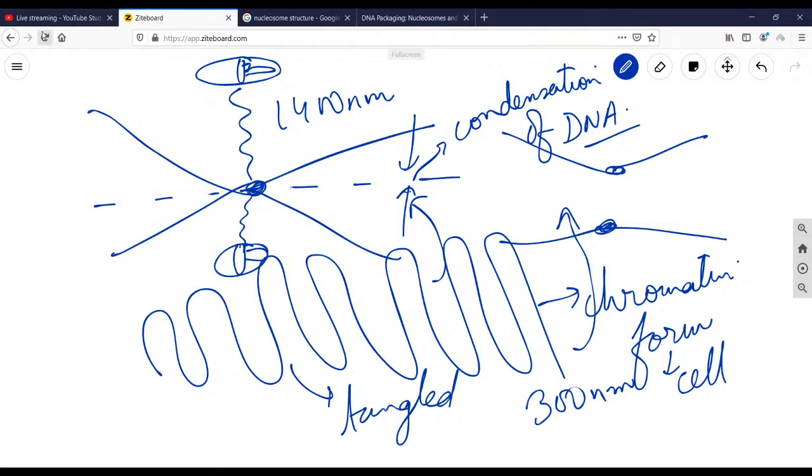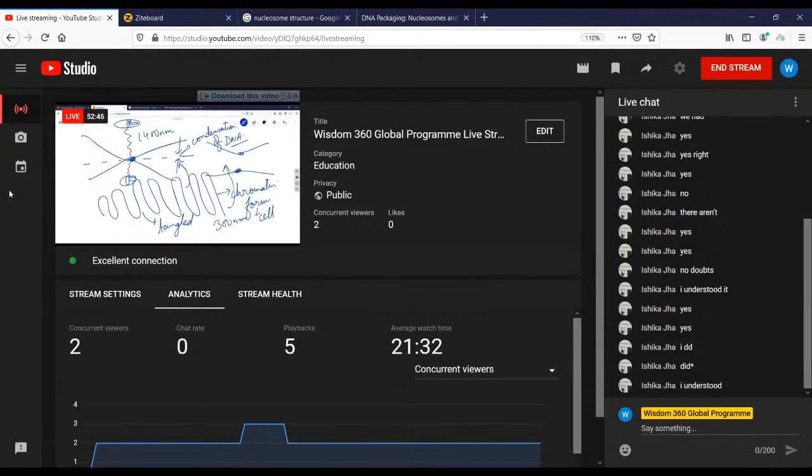Okay, so tell me, Ishika, was today's lecture completely clear? Any queries, doubts, or clarifications needed? Why is condensation important, what would happen if condensation does not occur, what would be the ramifications?